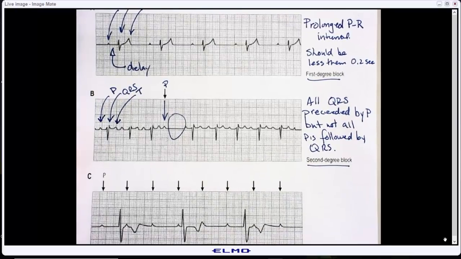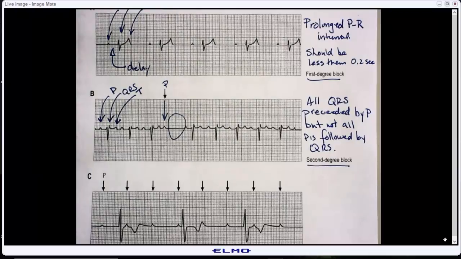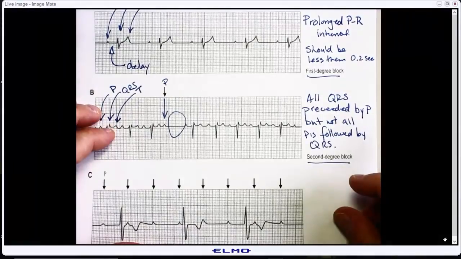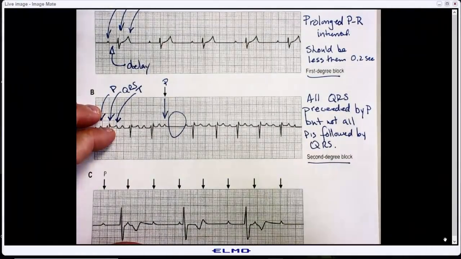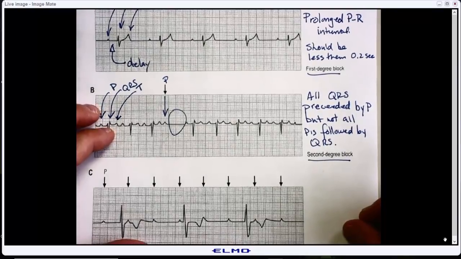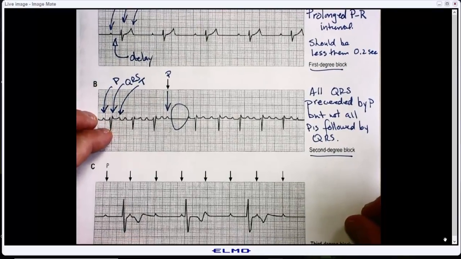So again, this does mean that something is wrong with the conduction system after the action potentials are handed off from the atrial myocytes into the AV node, bundle of His, Purkinje fiber, ventricular system. Something happened there. Okay?